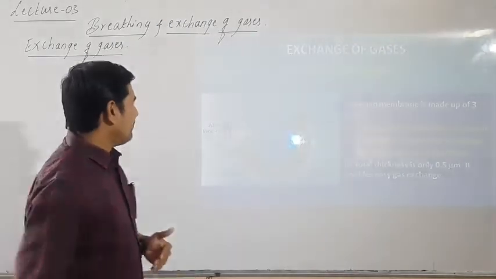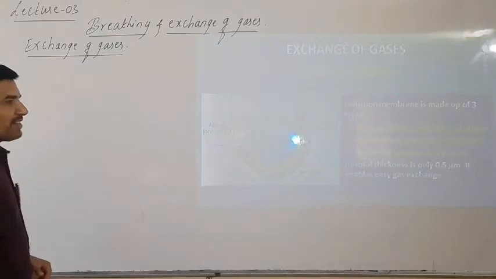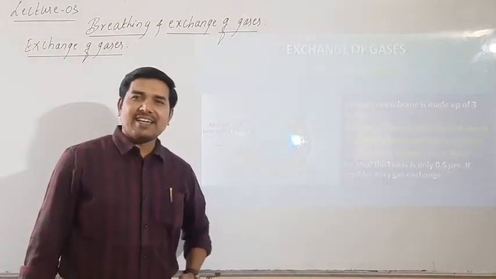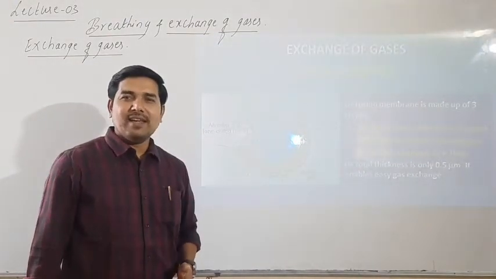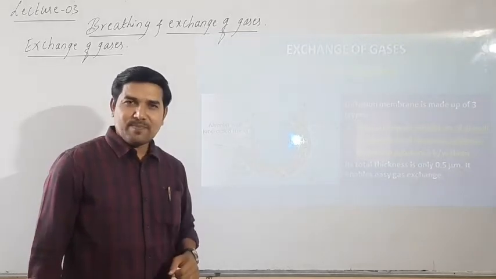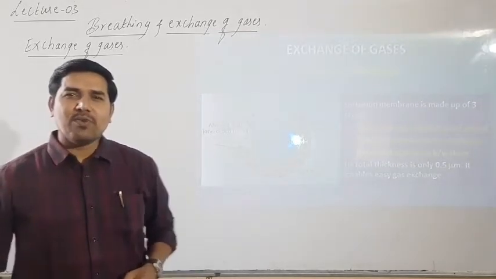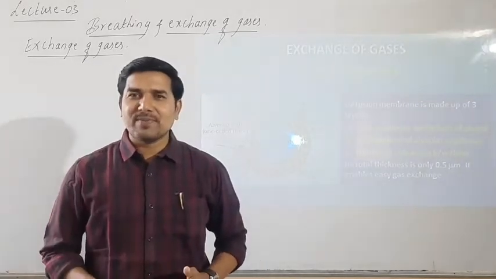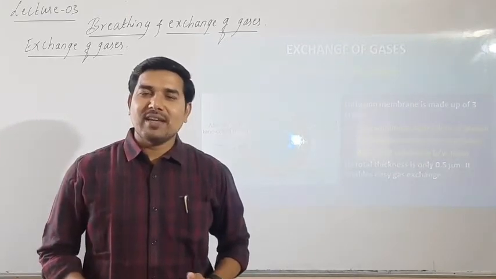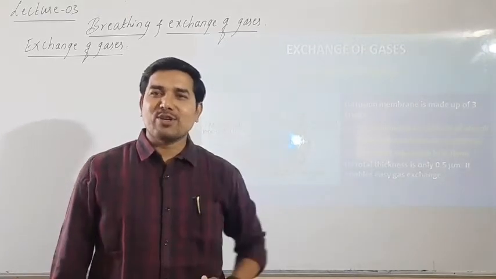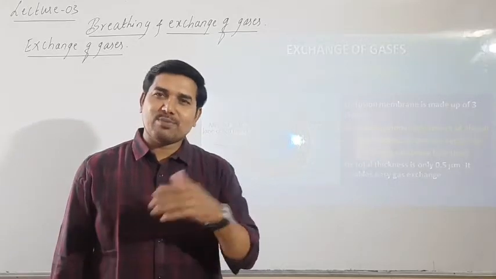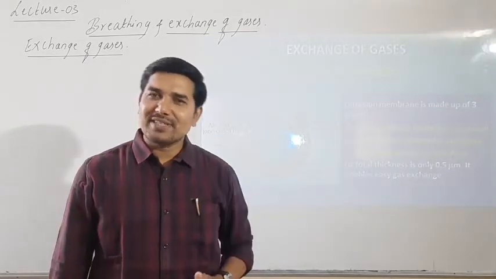Okay. Now regarding exchange of gases, in the diagram we can easily see the alveolus, and as we know, we have numerous alveoli in the lungs. These alveoli are involved in exchange of gases, that means transport of O2 and transport of CO2.